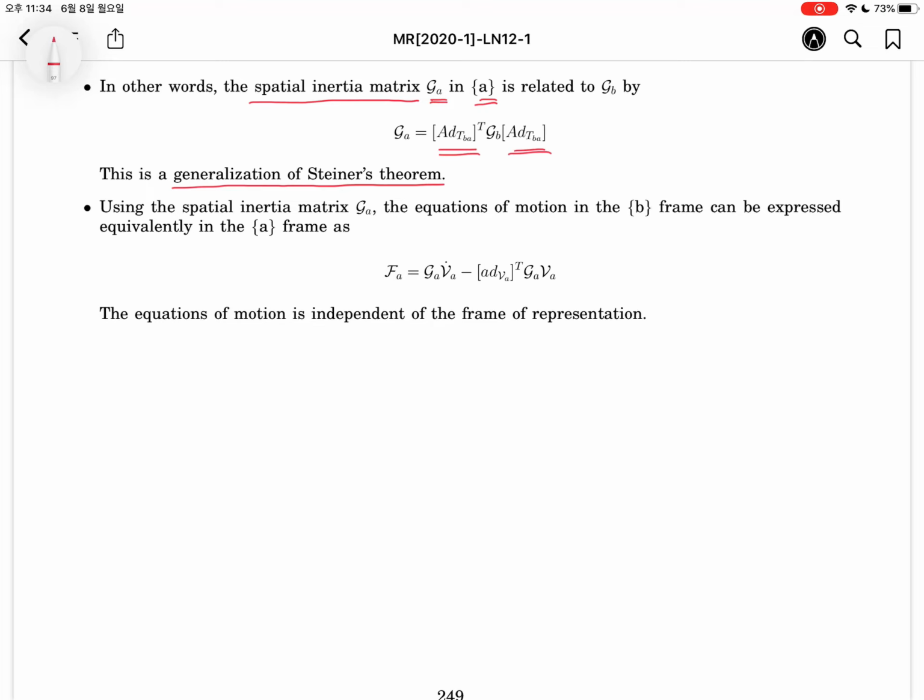Okay, one more. If you take another frame instead of the body frame, such as A here, it can be chosen anywhere. At that time, if you exchange B into A like this, it will be effective and will be used for the derivation of dynamics. So the equation of motion is independent of the frame of representation.